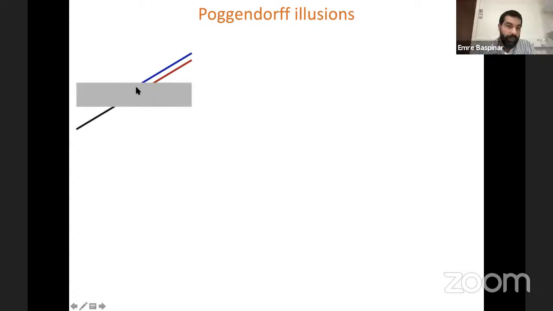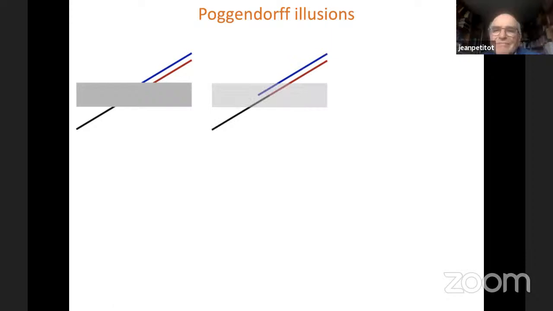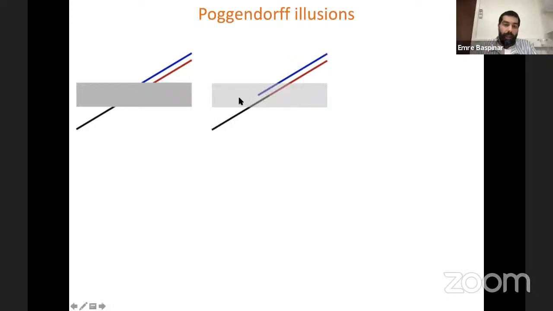For example, here we see the black and blue lines as if they were continuations of each other. However, the real case is actually not. I mean, actually, the red and black lines are the continuations of each other, not the blue and black ones. And this misalignment in our visual perception is what we call Poggendorff illusions.